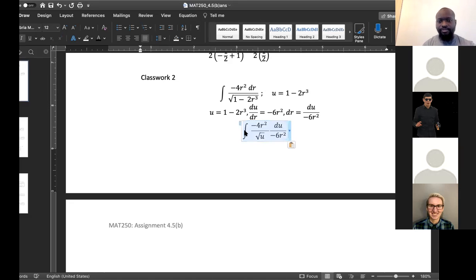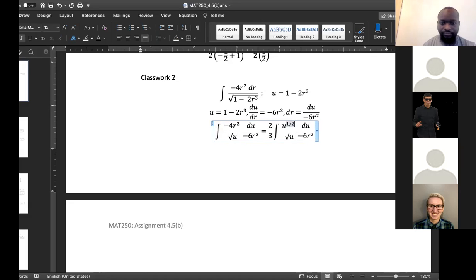So this becomes 2 over 3 integral, r squared cancelled r squared. I just have u to the power minus half du.